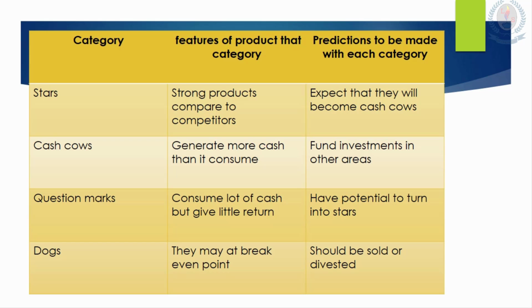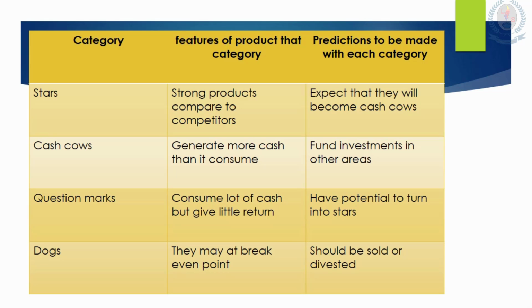So most of the time they are willing to have cash cows, and that is why they expect that star products, one day, can turn into cash cows.